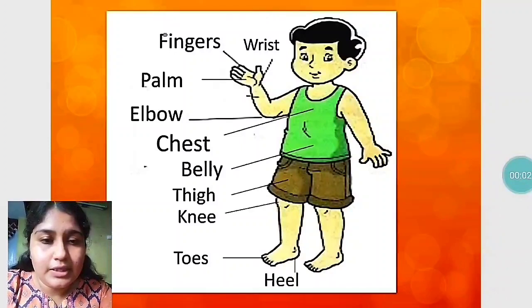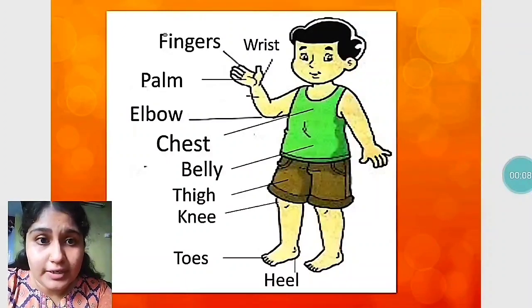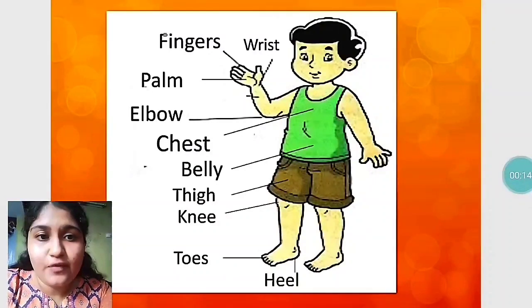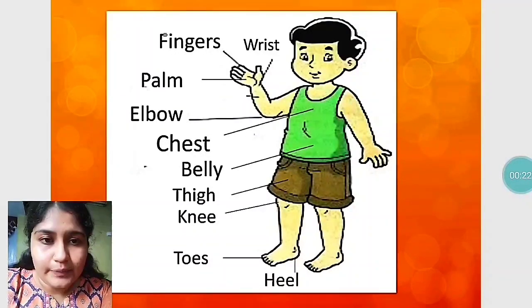Then comes the neck and the trunk. The neck joins the head to the trunk. The neck helps the head to move up and down and sideways. The trunk has parts like shoulder, chest, and stomach. Then come the arms.